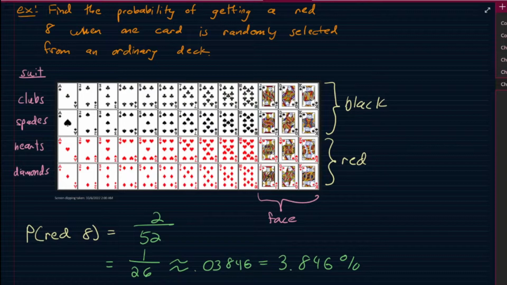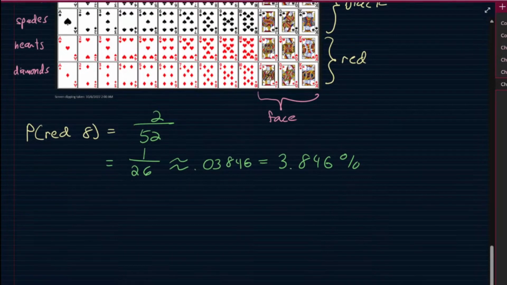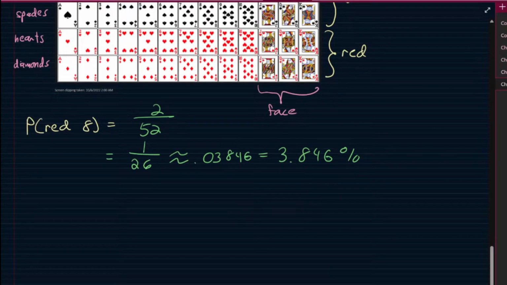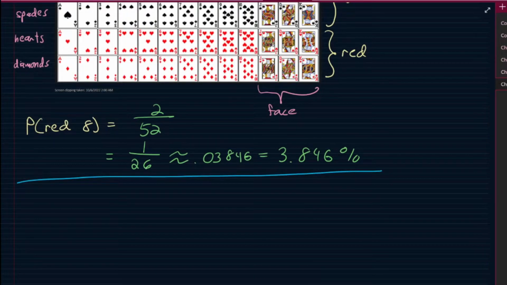Okay, and so that's classical probability, basically probability theory, probability in theory, what would happen. That's what's called classical probability. Another type of probability is called empirical probability. It's not talking about what happens in theory, but rather, it talks about what happens in practice.